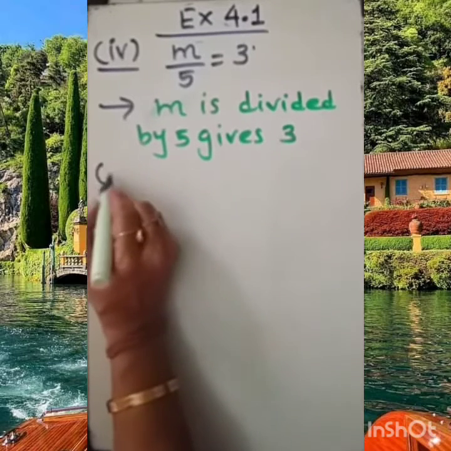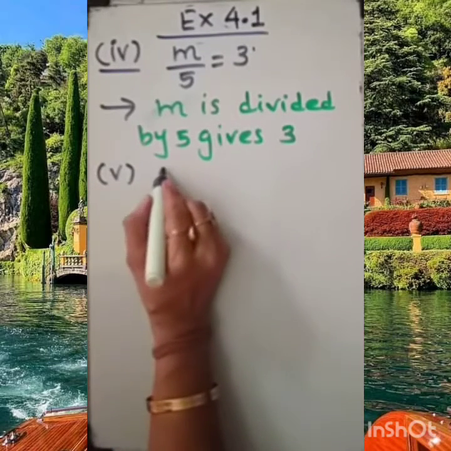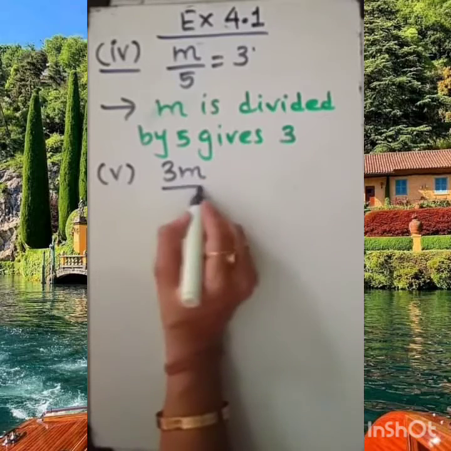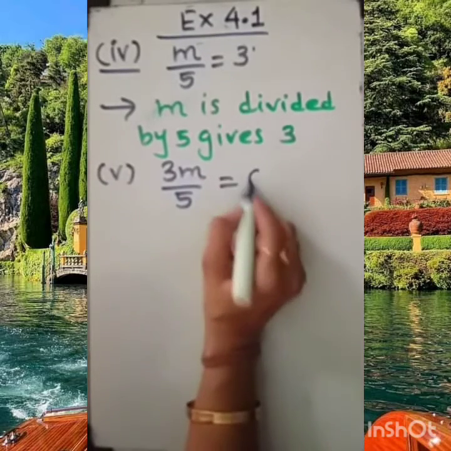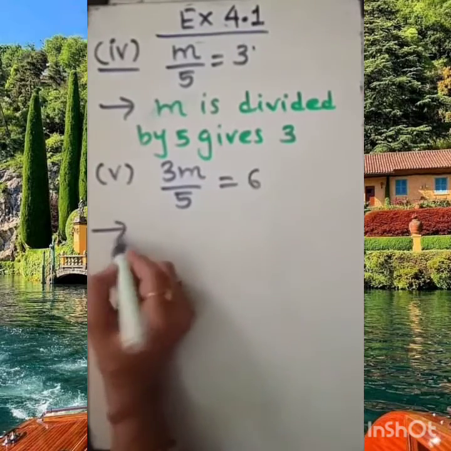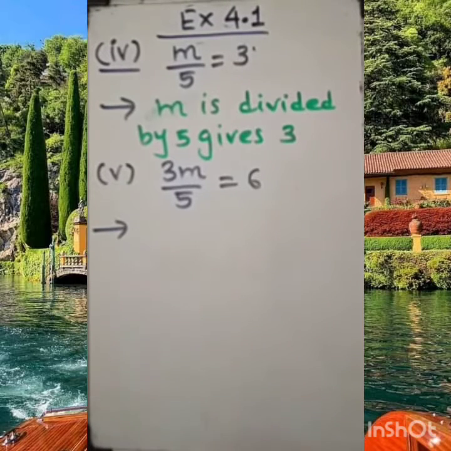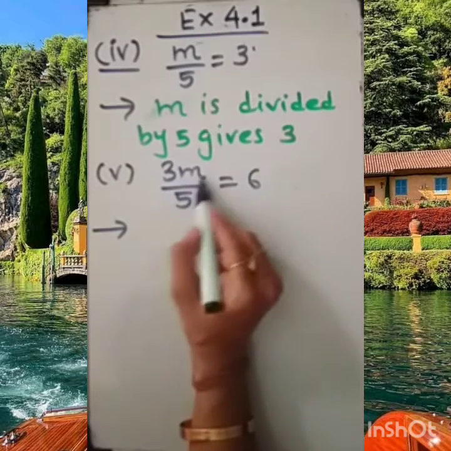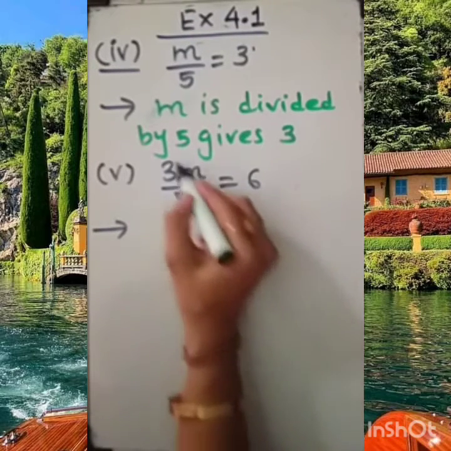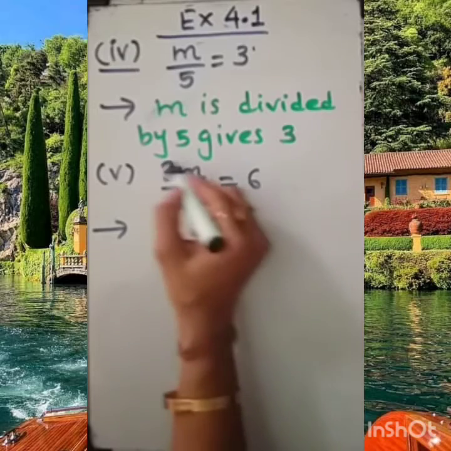Now the fifth one here is given 3m upon 5 equal to 6. So how to write it in a statement form? First we are multiplying m. The unknown variable is m. This m is multiplied by 3 by 5, or you can write 3/5.